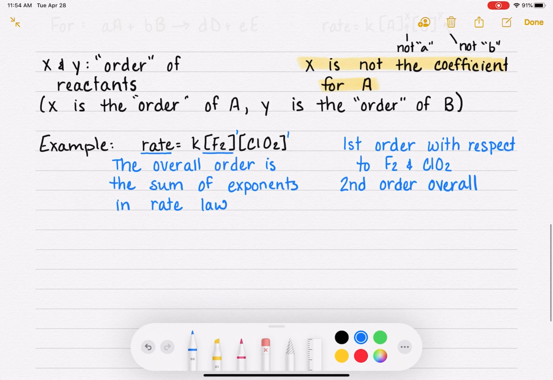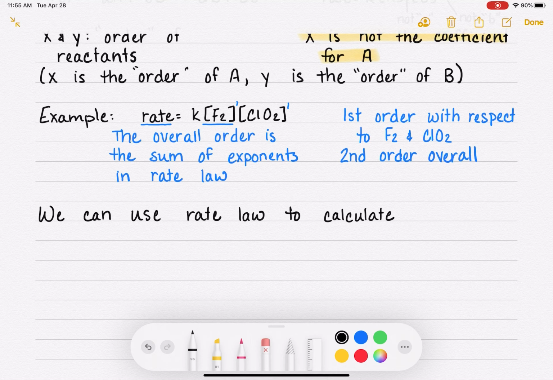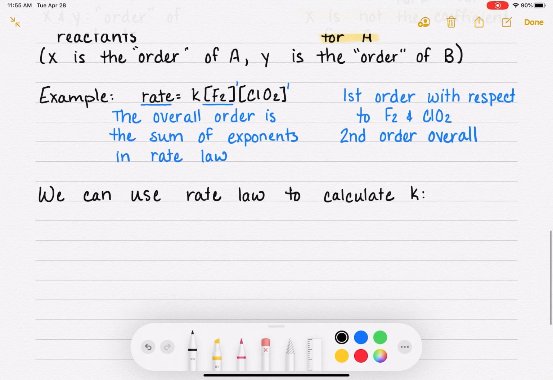One of the useful things about the rate law is that we can use it to determine the rate constant K. So if we know the rate law, we can use it to calculate K. We can use the rate law to calculate a lot of things, but we're going to start with K. So let's keep using the same rate law: rate equals k [F2][ClO2].